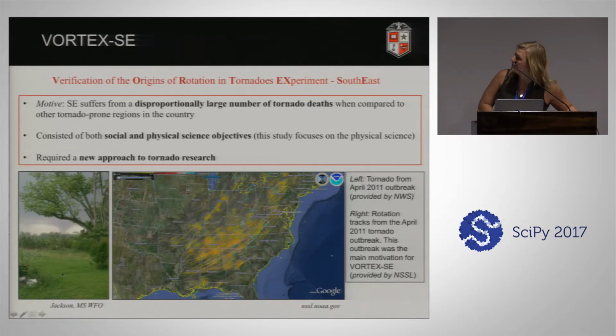And on the left, you see a picture of a tornado that happened during that one. Sorry, that's the only picture of a tornado I have. I apologize for that. It just gives a motivation. And so our region that we studied is in northern Alabama and southern Tennessee, where you see a lot of tornado tracks from this particular outbreak. So just a little background there.